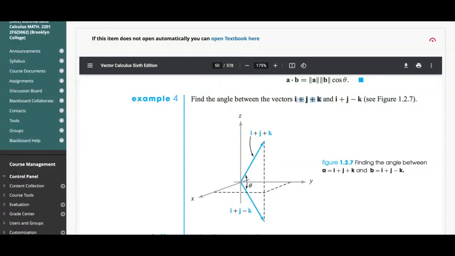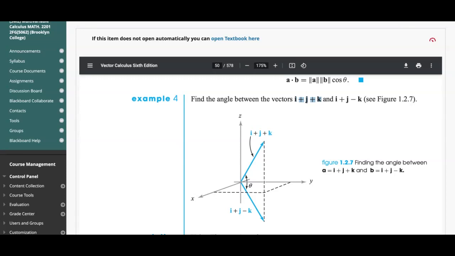So we have these vectors, i plus j plus k. What's a component? If we're given a vector of i plus j plus k, can everyone type in the point-wise representation? Yes, 1, 1, 1.